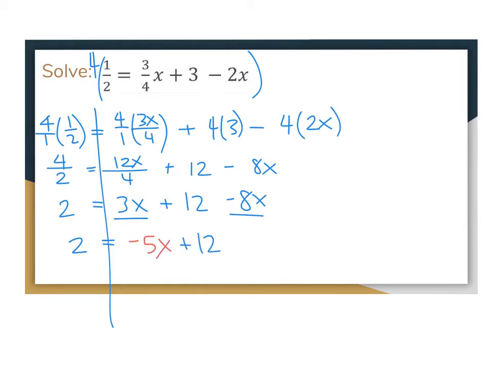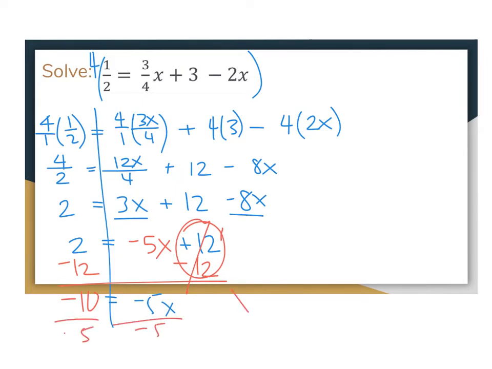Okay, and then I can subtract 12 from both sides because my goal is to isolate the variable, and so that would zero pair those out, and then I have negative 10 equals negative 5x, divide both sides by negative 5, and x equals 2.